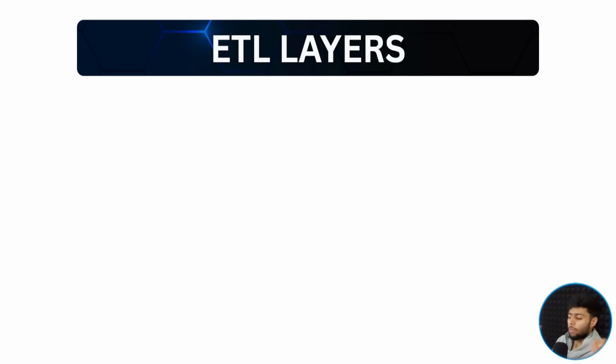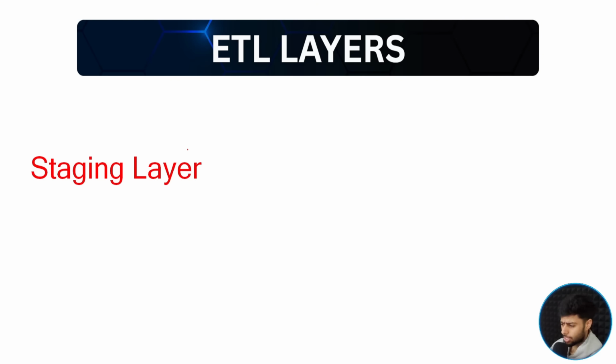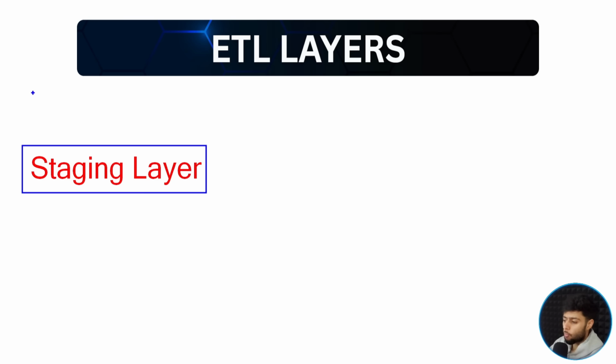Yes, we do have ETL layers as well. You need to understand each and every single ETL layer, because that's how you will understand the concept of data modeling. First of all, we have something called the staging layer. As the name suggests, here we stage the data, that means we bring the data into this particular layer.